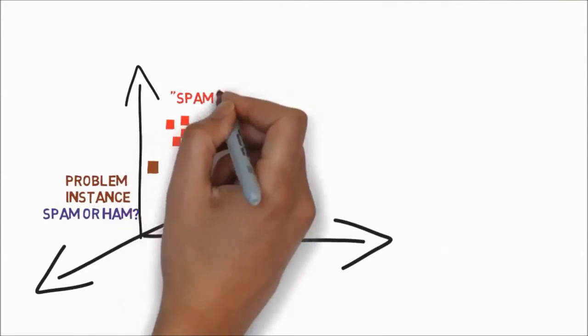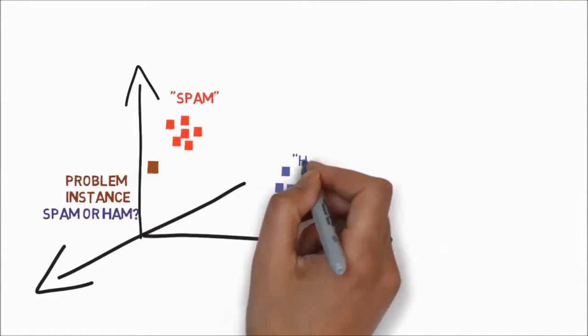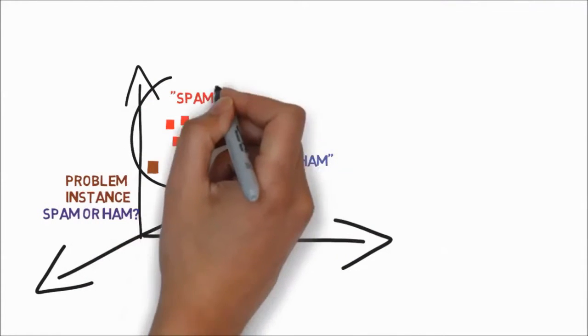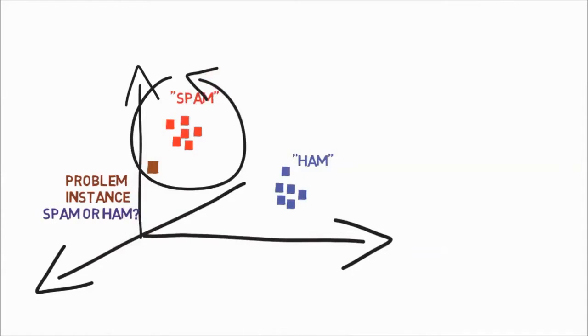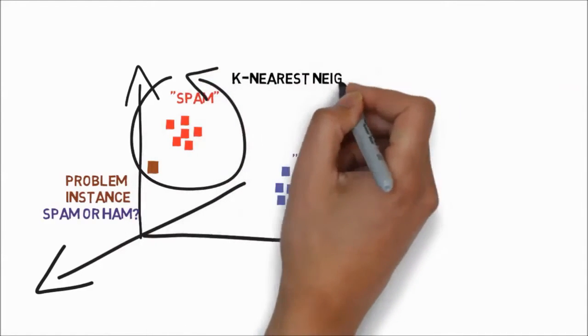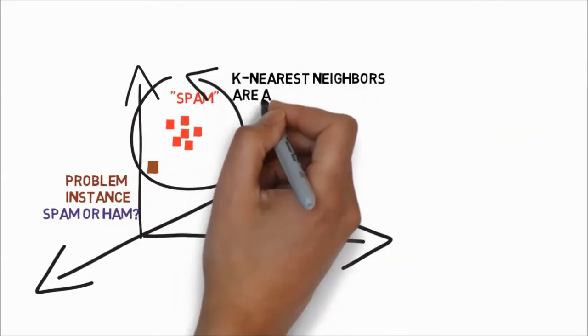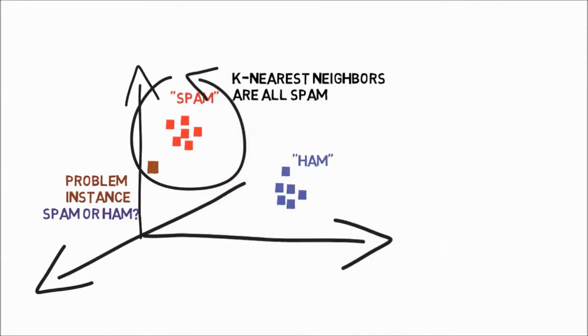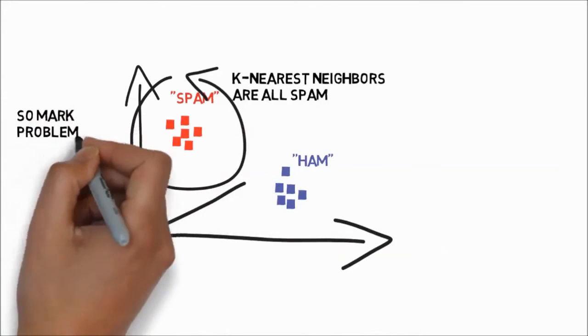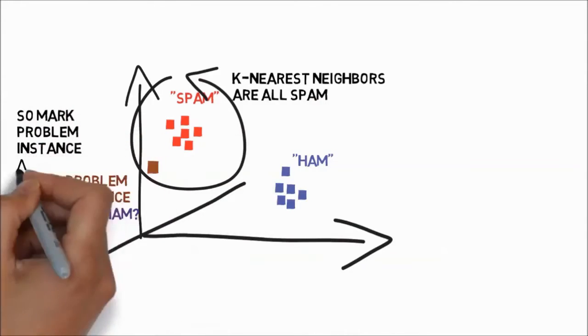The way k nearest neighbors works is it finds, as the algorithm's name says, the k nearest points to this problem instance. If most of these points or all of these points are spam, it will mark the problem instance as spam.